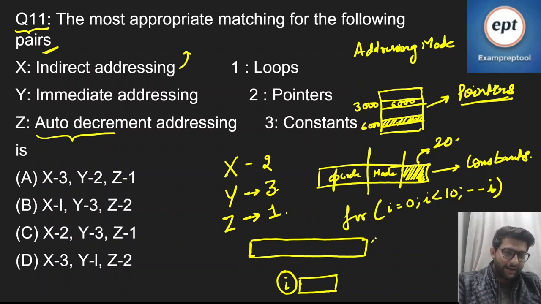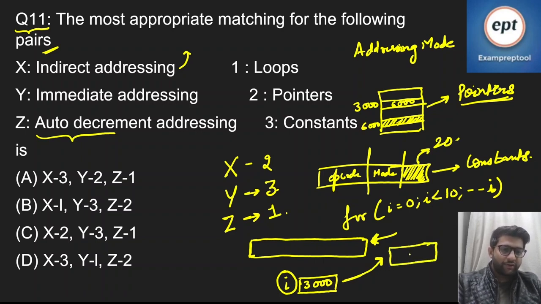Whenever we access this instruction, the index value or the memory location will be accessed from this particular register, and this will be auto decremented. So let's say the value was 3000, and we execute this particular instruction, then it will auto decrement the register value to, let's say, 2999.